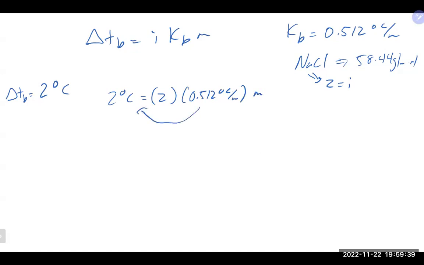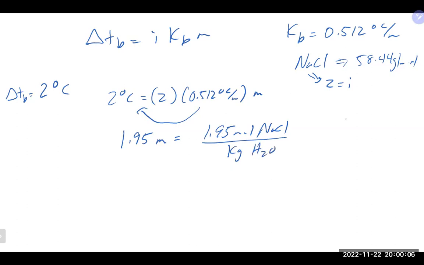So dividing these to the other side, we take 2 divided by 2 and divided by 0.512, gives us a molality of about 1.95. And that is basically 1.95 moles of sodium chloride per kilogram of water.